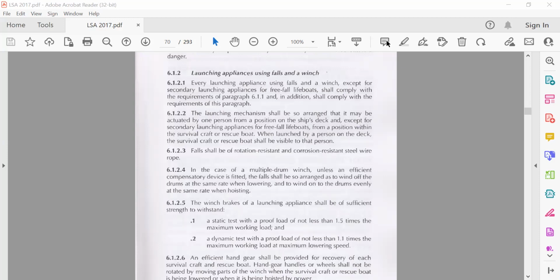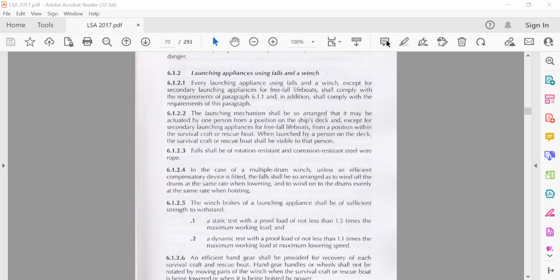Again, it refers us back to 6.1.1 general requirement, that with the winch or with the falls, at a list of 20 degrees and a trim of 10, you should still be able to do this successfully, right? Then again, there's a sweet one here at 6.1.2.2.